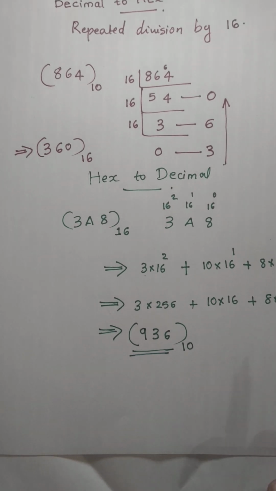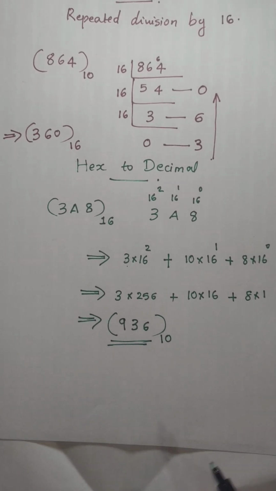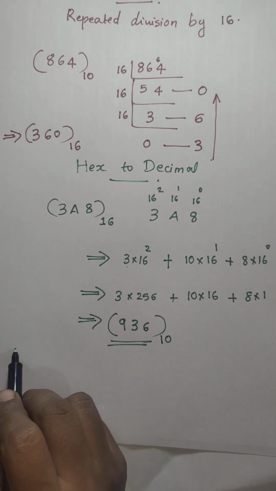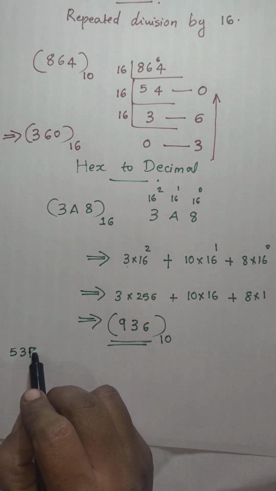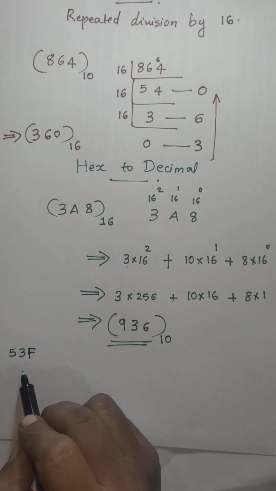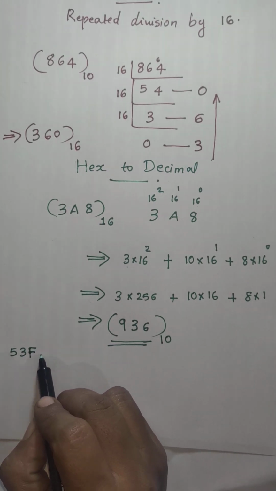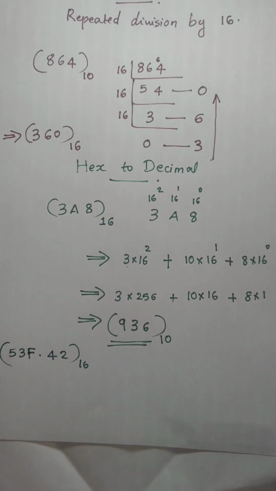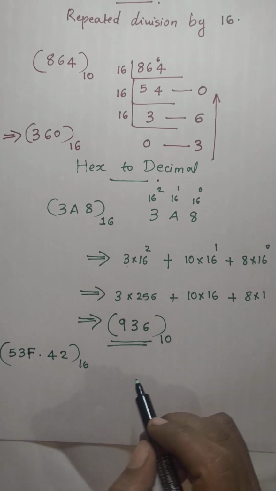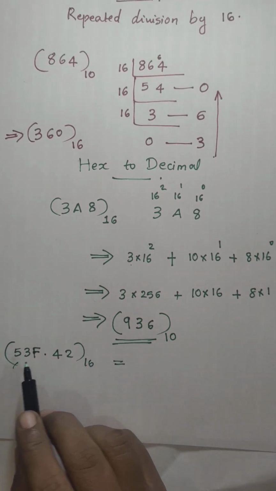So my question is, how can we do it for the fractional part? For example, 53F.42. This is hexadecimal, and we are going to convert this hexa into the decimal number system.